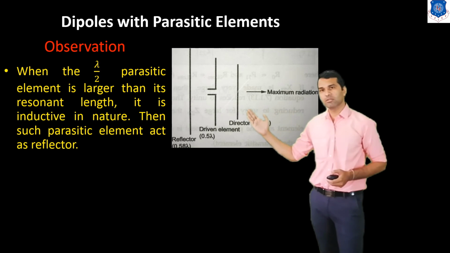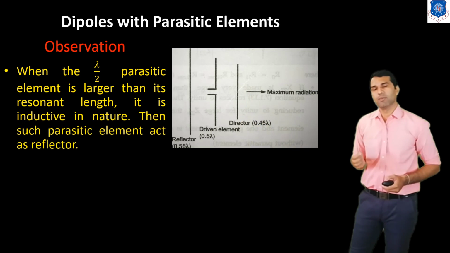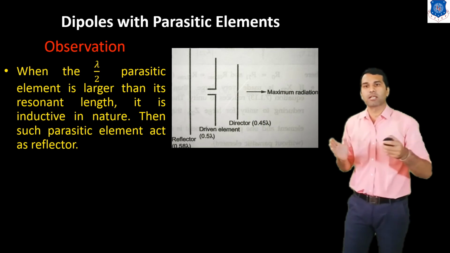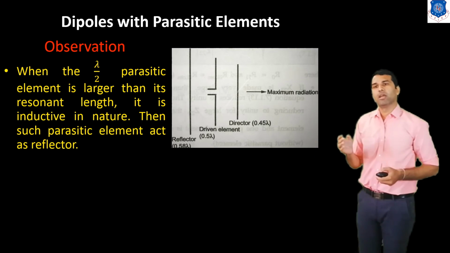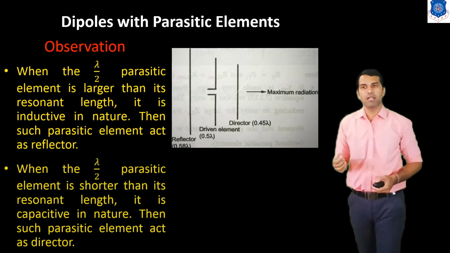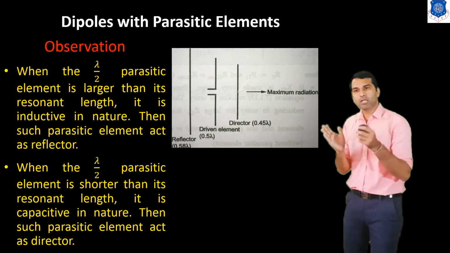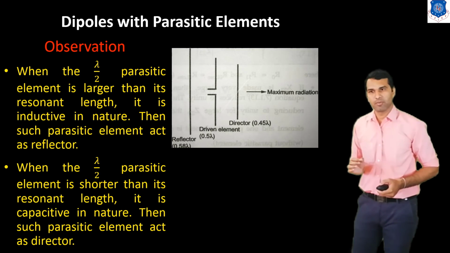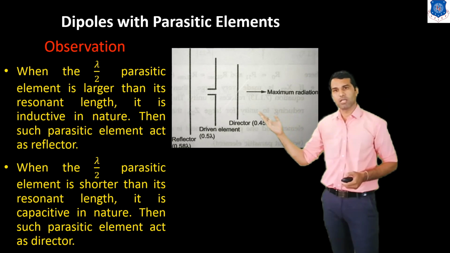So the last element in this figure is the reflector. Its dimension is greater than the driven element, so it behaves like an inductive element. When the lambda by 2 parasitic element is shorter than its resonant length, it is capacitive in nature. Such a parasitic element acts as a director. So this is the director.